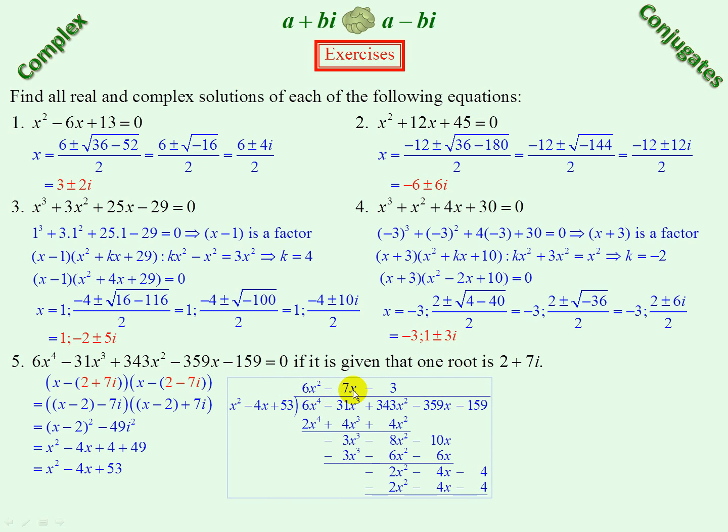And that gives us 6x squared minus 7x minus 3. Let's solve that one. And we have two answers by factorizing. And there are full solutions now for that equation.